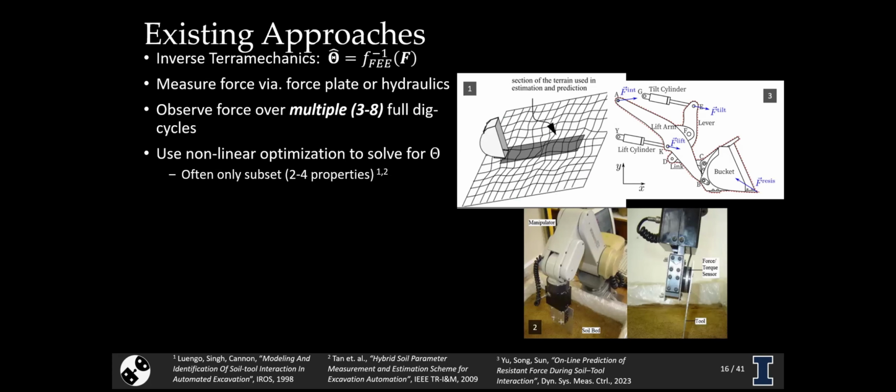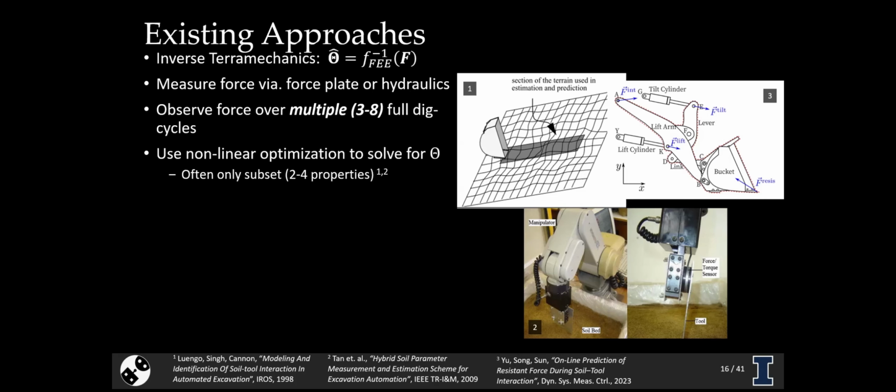So there's some existing work in this area. Briefly, this fits under the category of inverse terramechanics. You've got a measurement of a force, and you want to invert the FEE model in order to obtain these parameter estimates. Typically, this is done by measuring the force via something like a force plate that's attached to the blade or the bucket. And then these systems record data from multiple dig cycles.